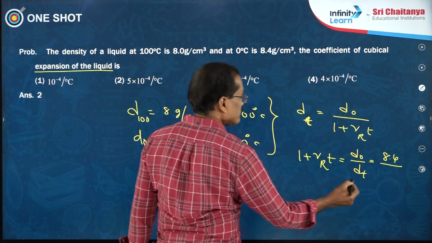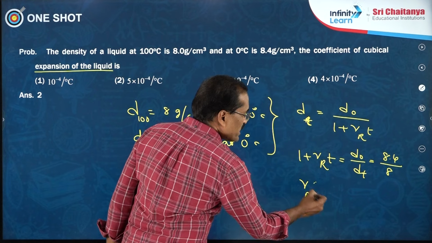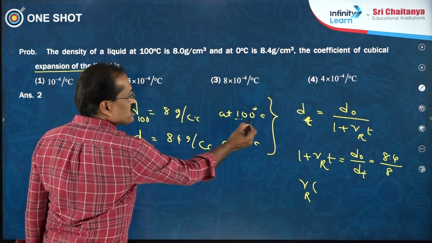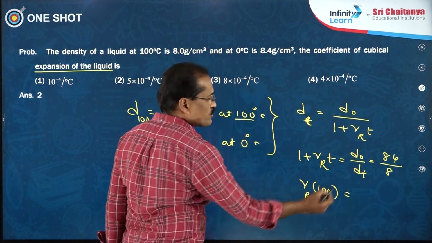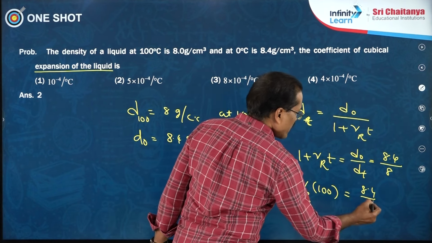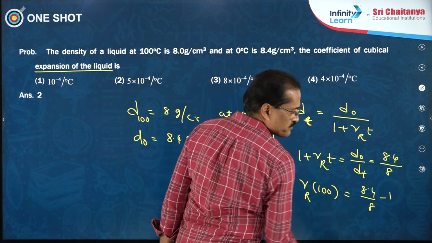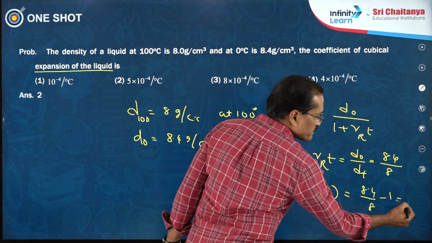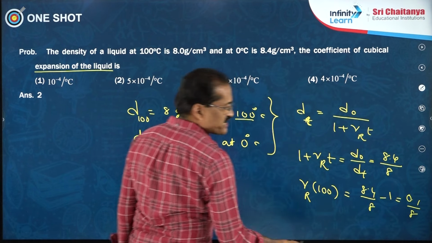by 8. Now gamma R into T, the temperature is increased by how much? 100 minus 0, 100, which is equal to 8.4 by 8 minus 1, that is 0.4 by 8.